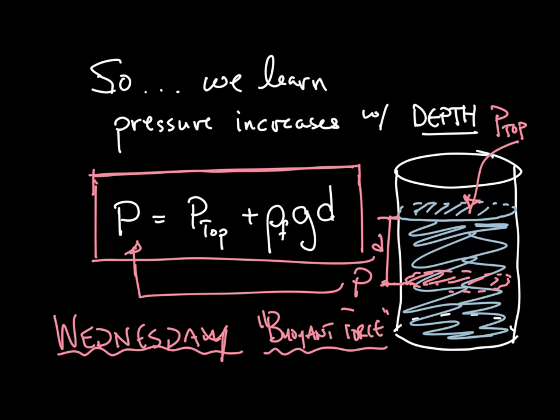And the buoyant force is just, if we look back at that picture, let's look at the force due to the pressure on the top and the force due to the pressure on the bottom, and rather than considering them separately, what happens when we consider them together.